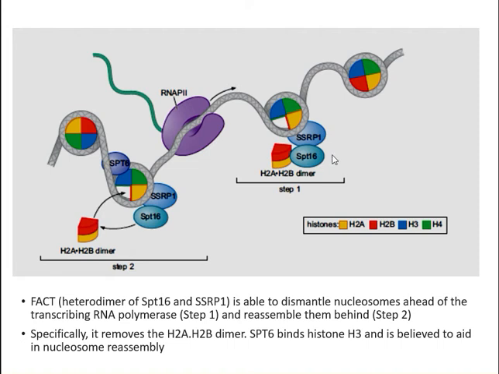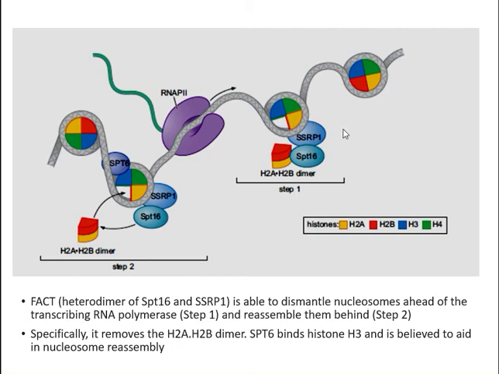So FACT always acts ahead of the RNA polymerase. RNA polymerase is slowly coming. This is the main enzyme which is transcribing, but before it comes, the ground is to be made ready, and that is being done by FACT, which is actually a dimer made up of ssrp1 and spt16. You can see here, it is removing the histones.